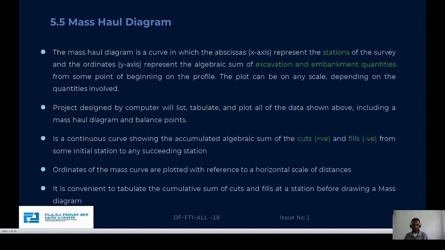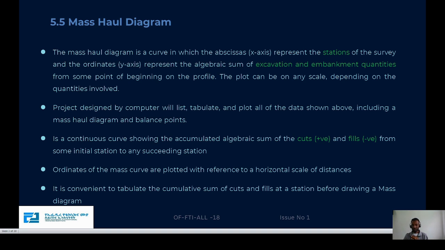A mass flow diagram is a curve in which the x-axis represents the stations of the survey, and the ordinate, or y-axis, represents the cumulative or algebraic sum of the cutting and filling quantity of volume.